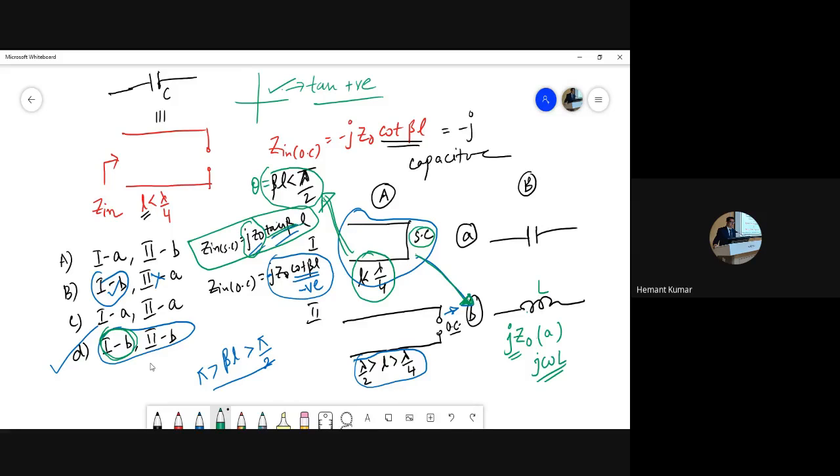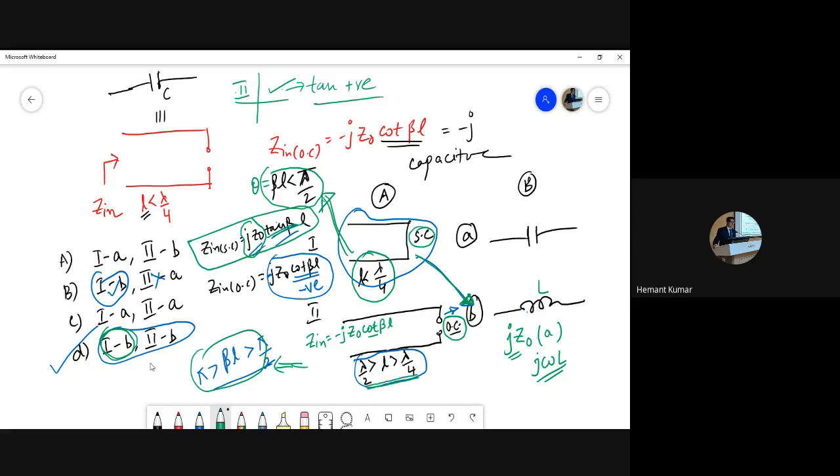Okay, so coming to the second part. Here the open circuited line is given. The impedance formula is minus j Z naught cot beta L. But here L is between lambda by 4 and lambda by 2, so beta L is between pi by 2 and pi, which is the second quadrant. In the second quadrant, cot will be negative.